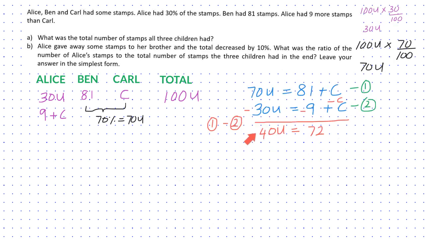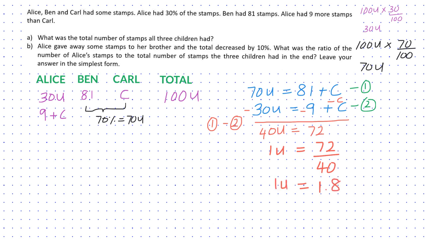Now we have an equation with one variable, which is 40 units equals 72. So now we can proceed to solve this equation. If 40 units is equal to 72 stamps, 1 unit is equal to 72 divided by 40, which gives us 1.8.